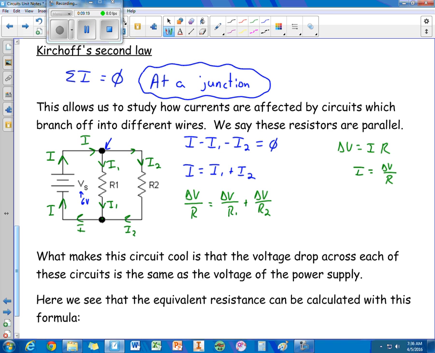And this time the delta V's would cancel. So I'm left with 1 over R equals 1 over R1 plus 1 over R2. And again, this time, this R is going to be my equivalent resistance.